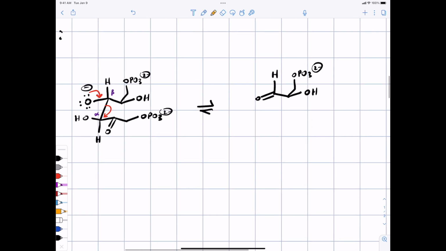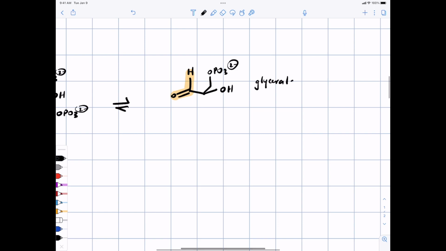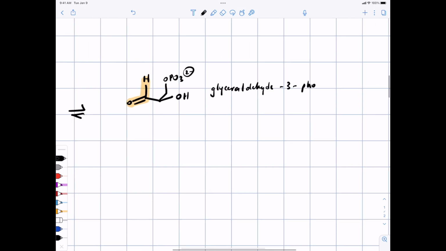This is our electrophile, right? This happens to be called glyceraldehyde 3-phosphate.